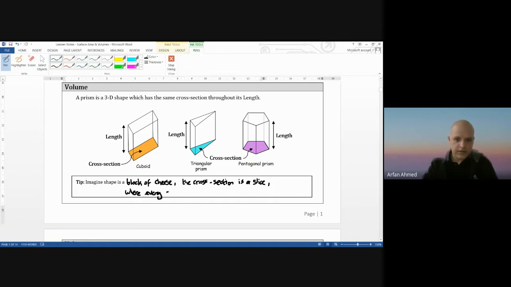That's the idea behind it. So you have to think of which bit is my cross section. The key thing is figuring out which bit is the cross section, and understanding how to work out the volume.